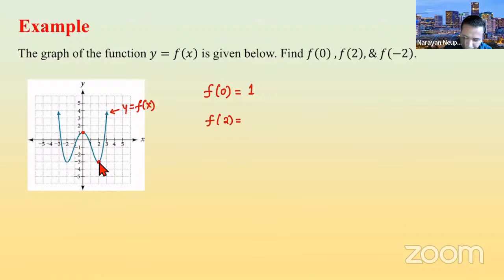One more time, at this point, the x value is a 2, and the y value is a negative 3. So at x equal to 2, the value of the function, or y value, is a negative 3.